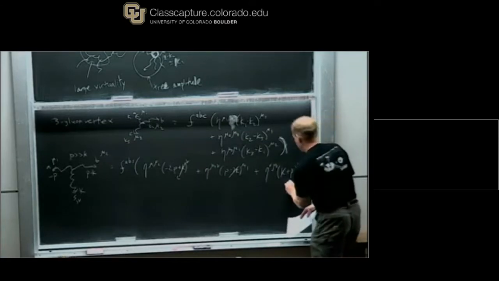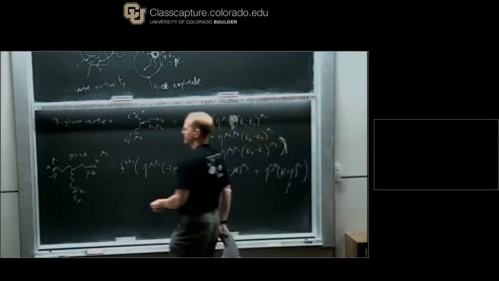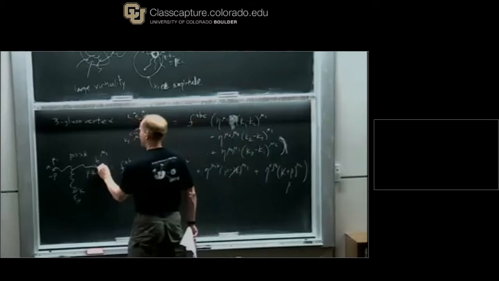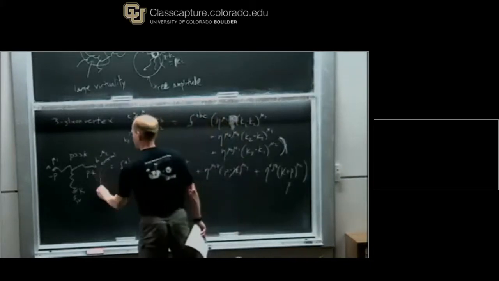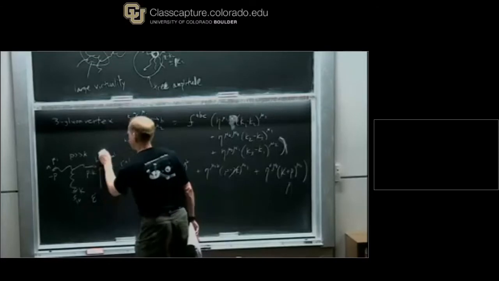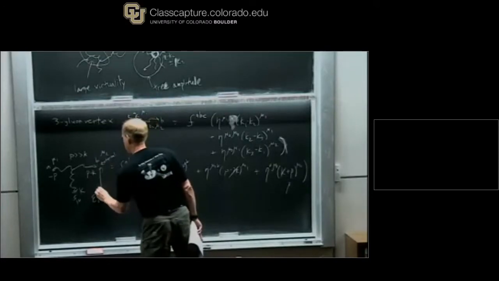Now, if we imagine that this one here is an external line, then it will have a polarization vector that this mu gets contracted with.